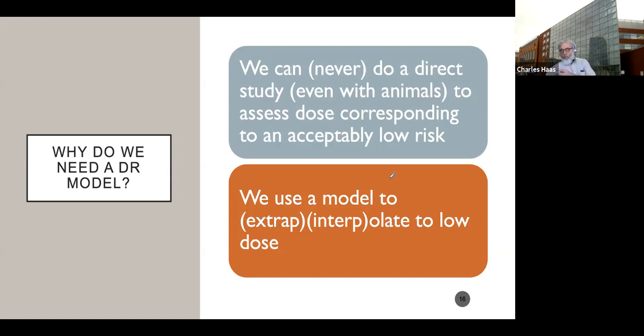And so therefore we do experiments at greater exposures, with a greater proportion of individual positives, in order to extrapolate or interpolate to low doses. And I put both the words extrapolate and interpolate there because in one sense, we're interpolating between 0 and a low dose. In another sense, we're extrapolating below the lowest dose that we might use in our experiments.